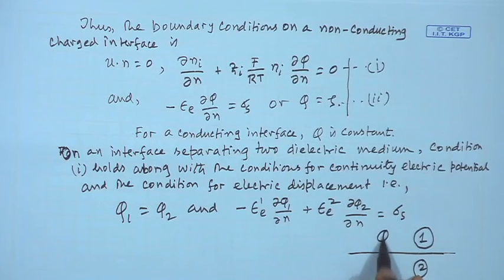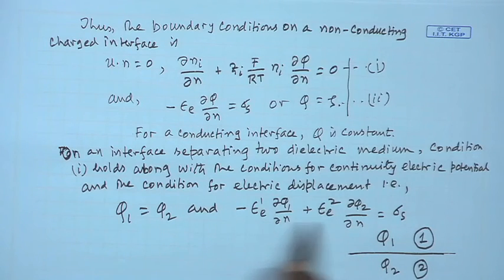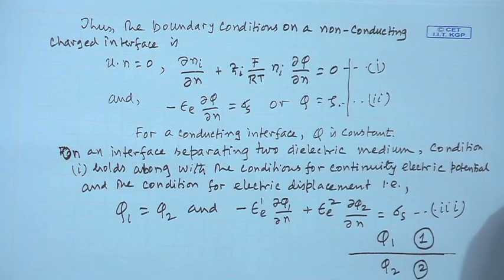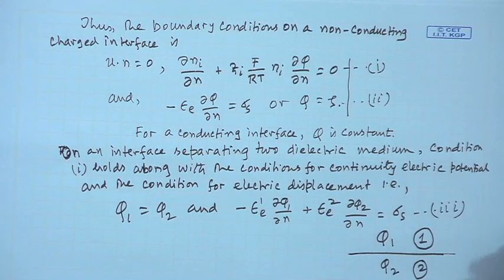You need to find the electric potential in region 1, which is coupled with the electric potential in region 2 through the conditions given in this manner. So, let us consider condition 3. Now, we will continue to the next lecture.